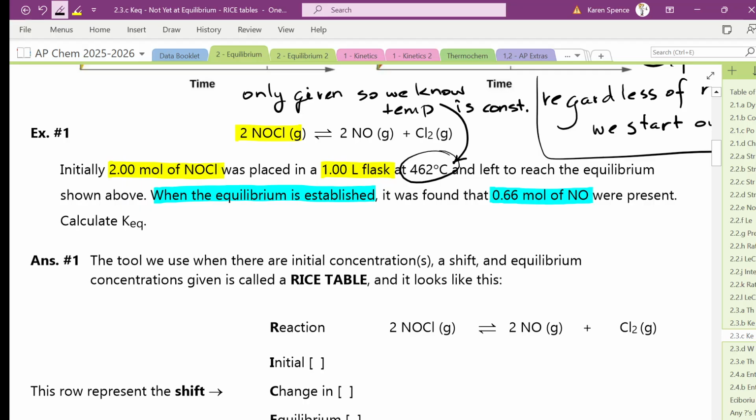Okay, and we are going to use this beautiful tool that you will be using for almost all the units from now until the end of the year, and it is called a rice table. I used to call it an ice table, but then I added the R because someone suggested then they could remember to write the reaction at the beginning. I liked ice table because I was like, use them, they're cool. But that's okay. Rice is cool too. Rice is good. So what you do is you write your reaction.